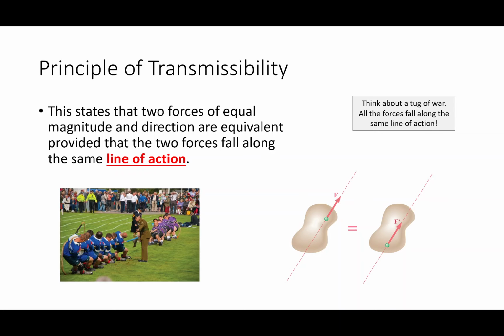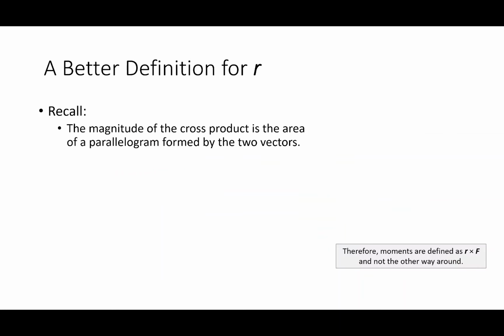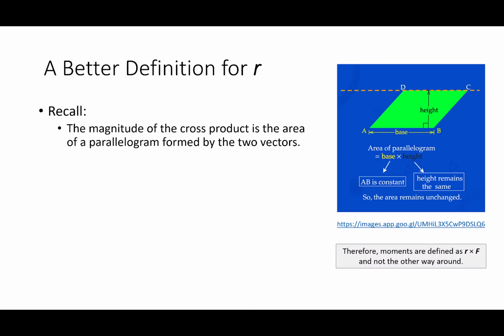Okay. So if that's the case, I want to look at my better definition of R. I think this little box here was supposed to show up later, but alas. Now, the magnitude of the cross product is formed by the area of the parallelogram that forms two vectors. So I've got here my nice little animation.